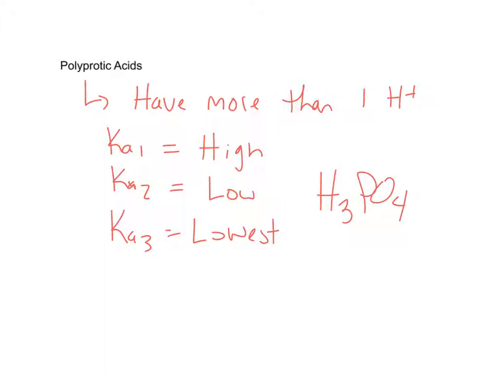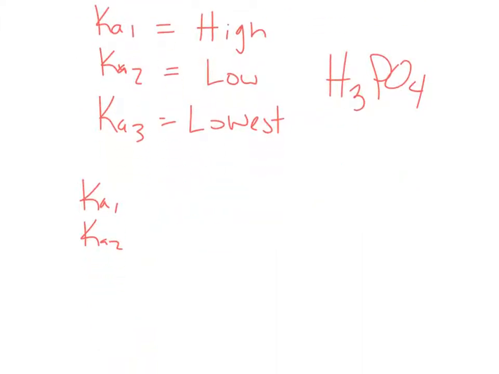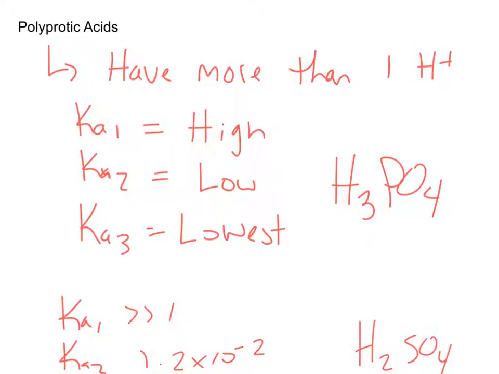Some polyprotic acids are always weak, meaning their Ka1 is weak and so is their Ka2, but some have a very strong first and a weak second. An example being H2SO4. The first one is much, much greater than 1, and the second one is 1.2 times 10 to the negative second. So the first one is strong, and the second one is actually pretty weak in comparison. So it's possible to have one strong and one weak, or in H3PO4's case, all of them very, very weak.